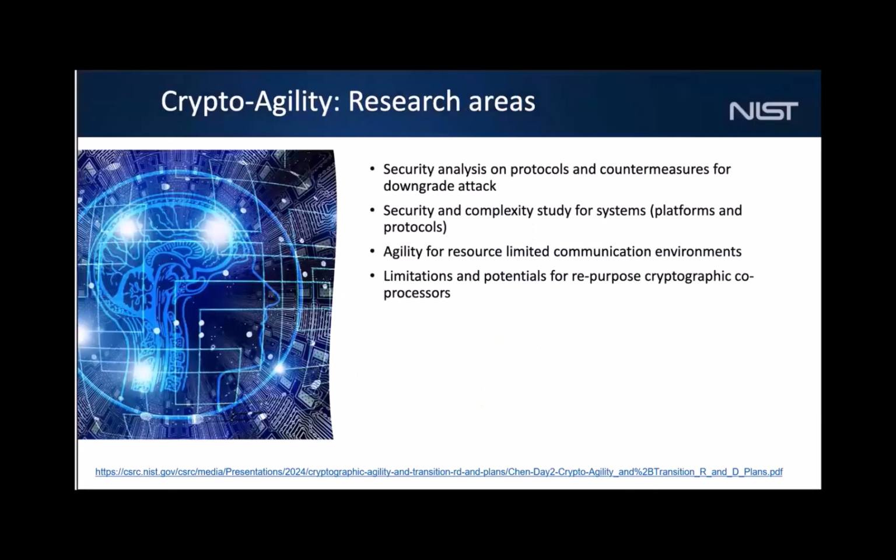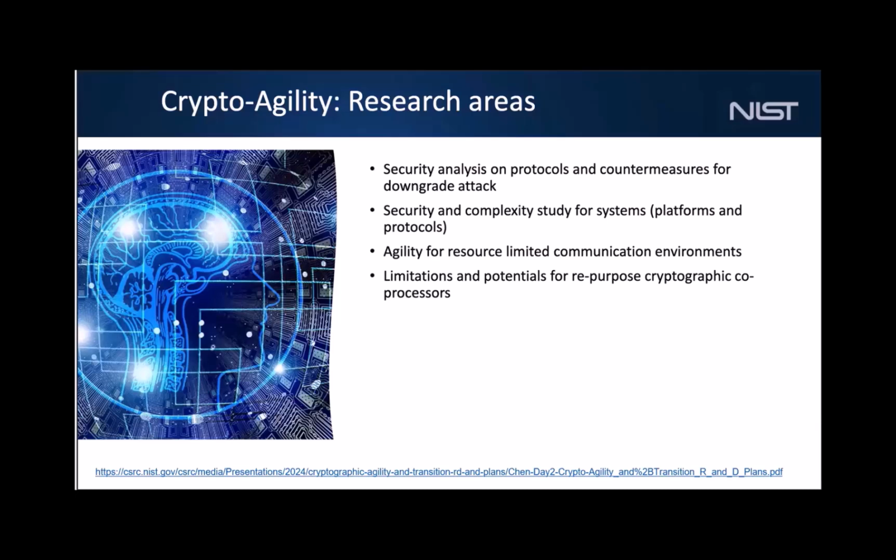There are several research areas that NIST chooses: security analysis on protocols and countermeasures, security and complexity for systems, agility when the resources are limited, and limitations and potentials for repurposed cryptographic processors. So this is their view.